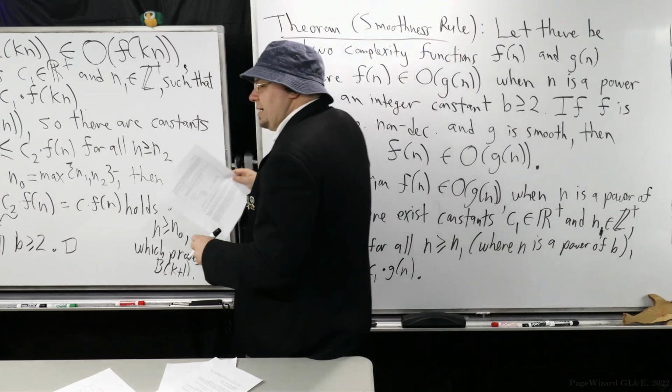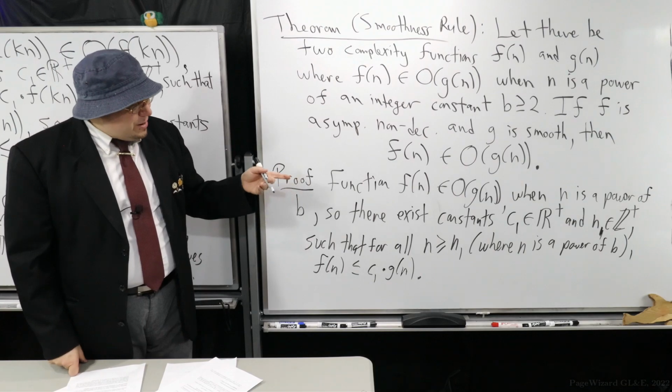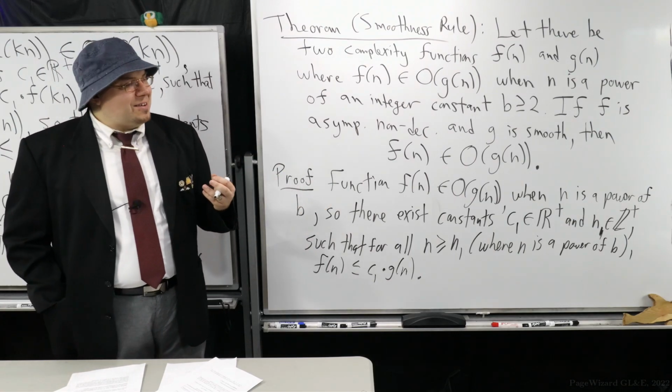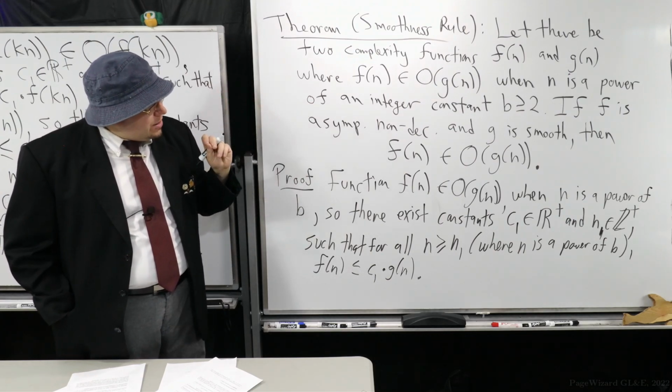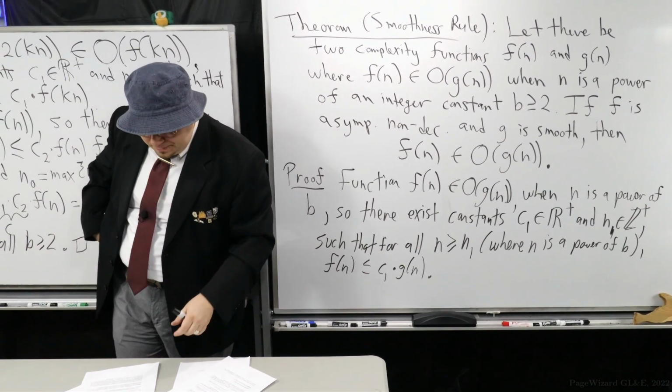So that's the first thing. And this is true for all n where n is a power of b, but at least n1. So let's talk about where we're going next with this. Now we remember, we know f is asymptotically non-decreasing and we know g is smooth. So we would like to use these facts, okay?